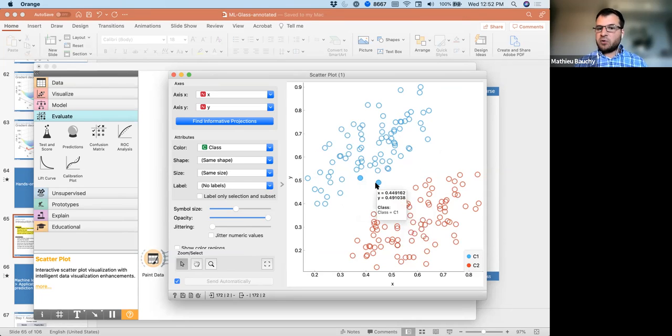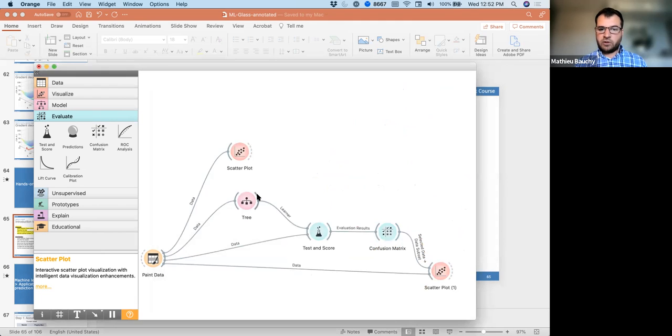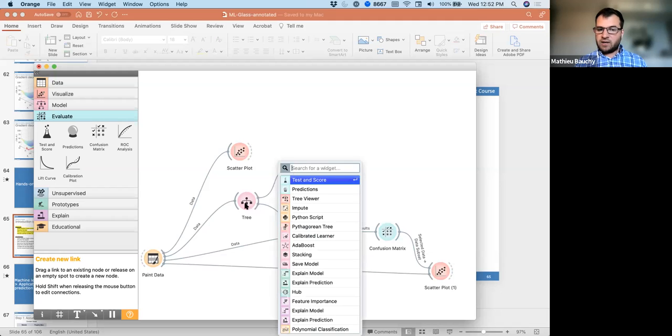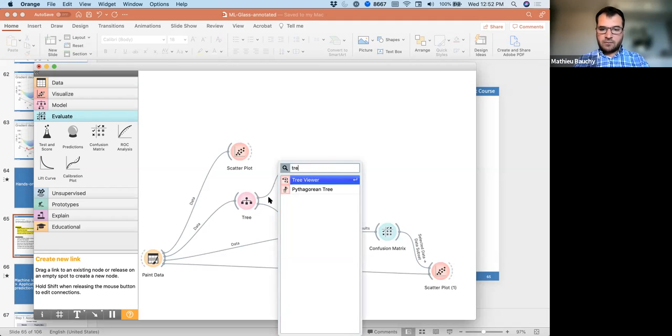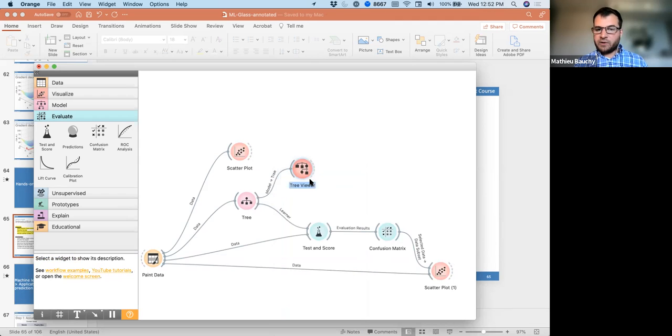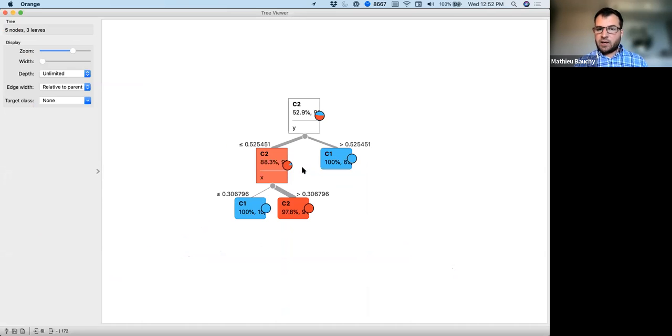In this case, the reason the model does not get this right is because this tree model is very simple. One very useful way to look into that is to visualize the tree, to understand what it's actually learning. You can draw a line starting from tree and use this tree viewer. When you use that, it can tell you what the decision tree was.